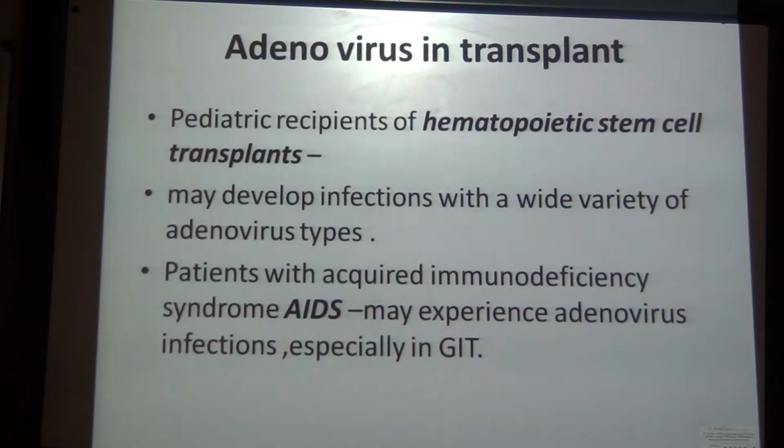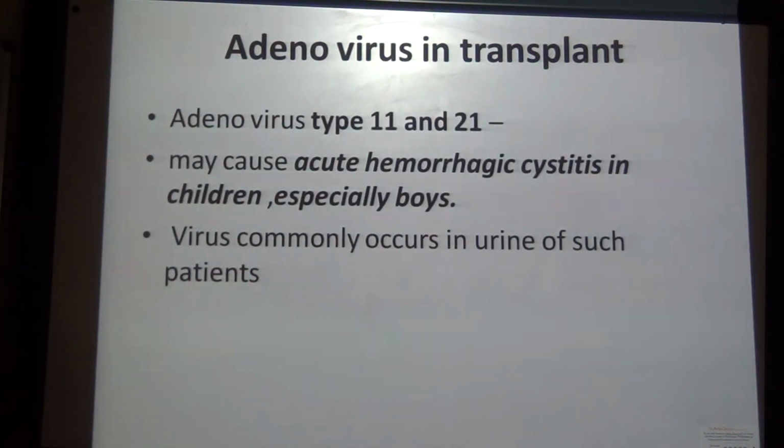So in case of AIDS, one of the causes of the diarrhea might be adenoviruses. Then adenovirus types 11 and 21 may cause acute hemorrhagic cystitis in children, especially in boys. And in this case, the virus is found in the urine.